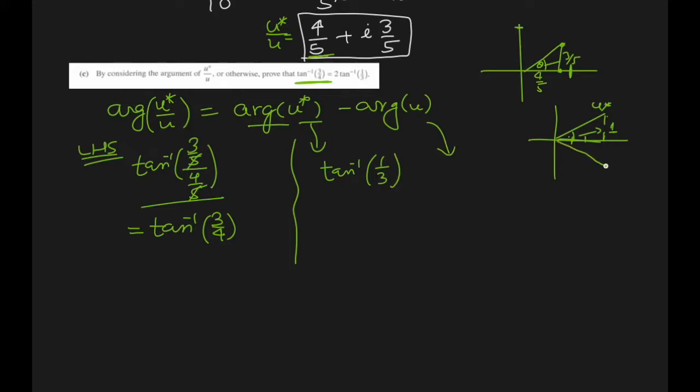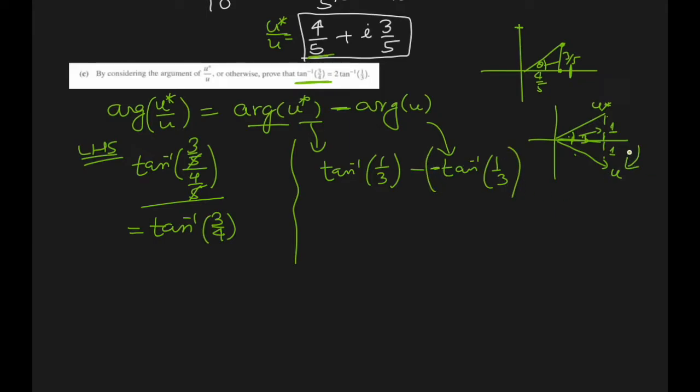Now what about u? It was in this direction. It is again 1 downwards, and this is 3, but it is in the opposite direction, right? So minus tan inverse 1 over 3, but this minus is because it is in the opposite direction, so we have to put a minus again.